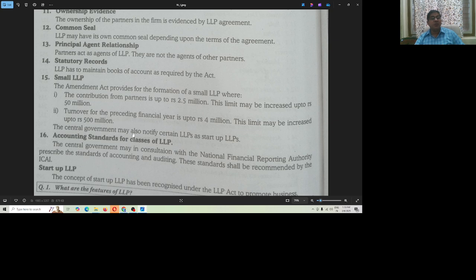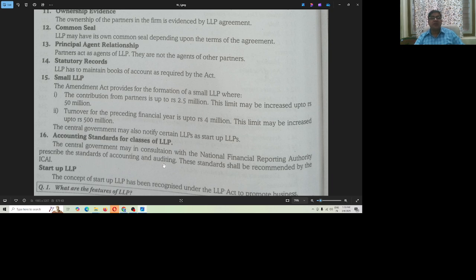The central government may also notify certain LLPs as startup LLPs. You know that a number of startups are going on, and some of the limited liability partnerships are also startups. According to accounting standards for classes of LLP, the central government, in consultation with the National Financial Reporting Authority, prescribes the standards of accounting and auditing.